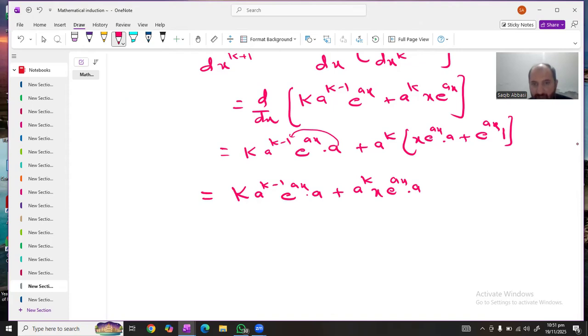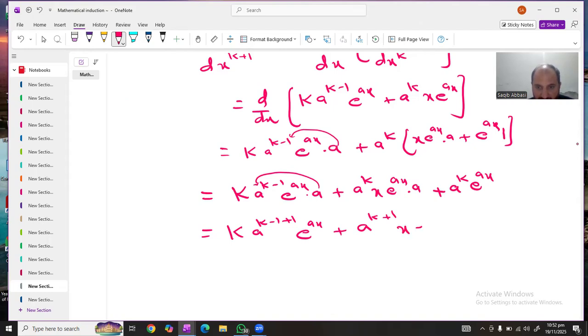Now the next step: plus a power k e power ax. After this, we add k minus 1 and plus 1, because these k will be added in this term: e power ax plus a power k plus 1 x e power ax plus a power k e power ax.